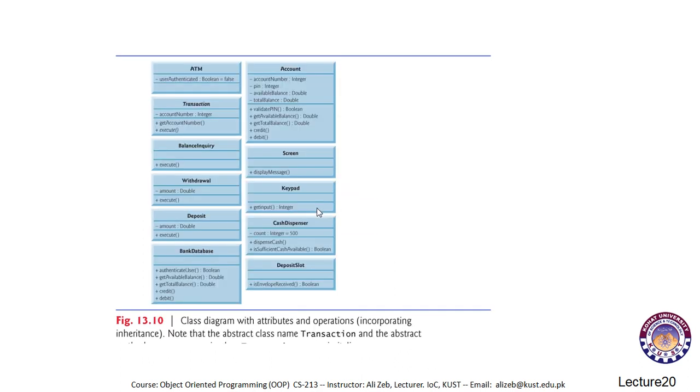Now we have added another class to our class diagram with some of the features, and one of the features is that it is an abstract class and it has an abstract method. An abstract method compels all of the subclasses to implement that method. So all of the subclasses of the Transaction class will have an execute method.